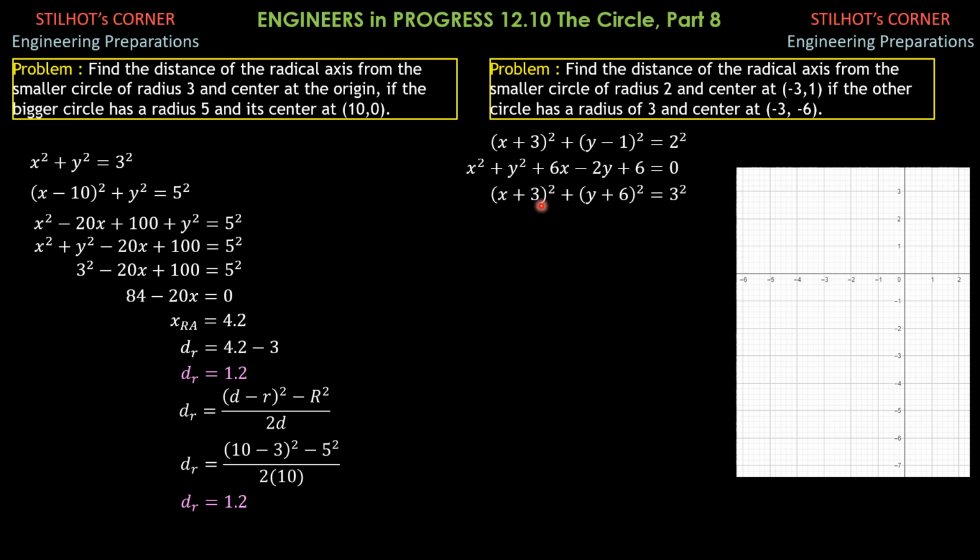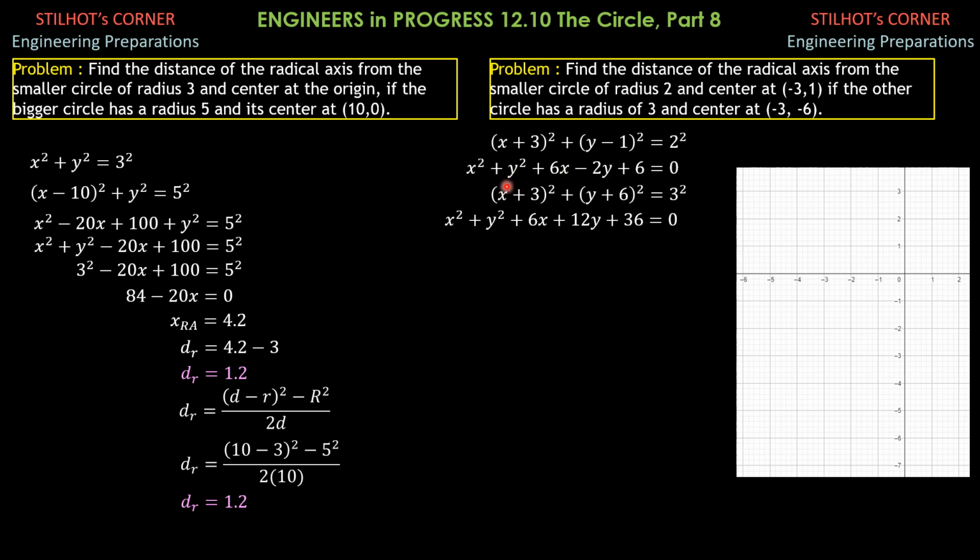The last term here is 9. Last term here is 36. Then minus 9 is 36. So the simplification is x squared plus y squared plus 6x plus 12y plus 36 equals 0, as expected.